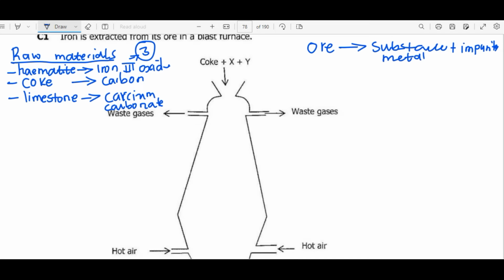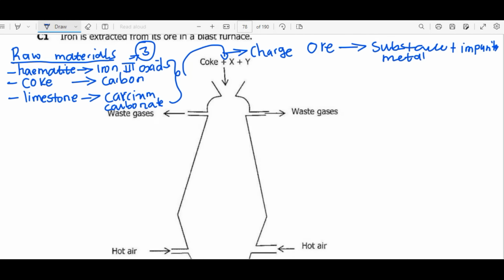Now these 3 raw materials are fed here, and they are collectively known as a charge. So if a question asks you to give the charge in the extraction of iron, it's indirectly asking you to give the 3 raw materials that form the charge, which are hematite, coke, and limestone.